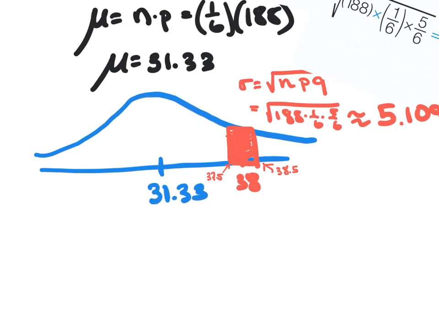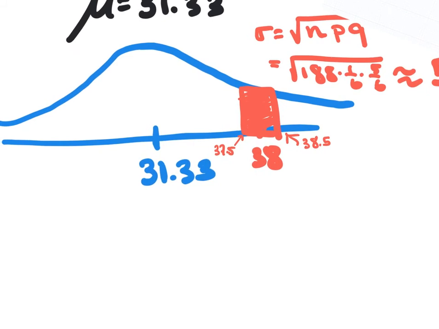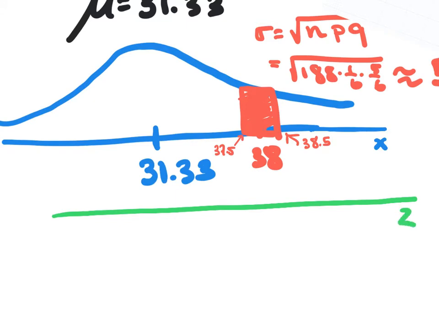Okay, now what we got to do is figure out this area, the area between 37.5 and 38.5. Of course, the trouble is that this is the x-axis. What I would like to do is see how these things translate into the z-axis, and so the z-axis would go 0 there. I need to know what the z-scores are for 37.5 and for 38.5. Z-scores are defined to be the number of standard deviations from the mean.